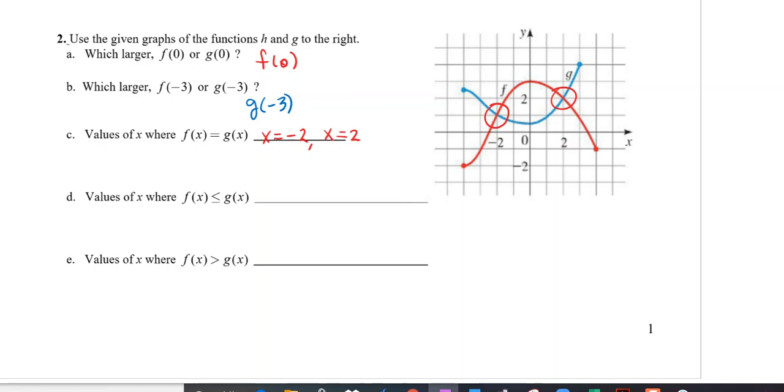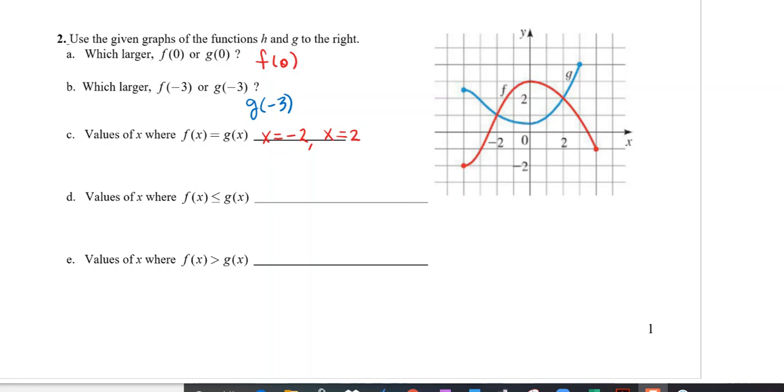So where is f of x less than or equal to g of x? Remember, f of x and g of x are outputs. They're the y values. So where is the y value of the red graph lower, smaller y value means lower, than the y values of the blue graph?